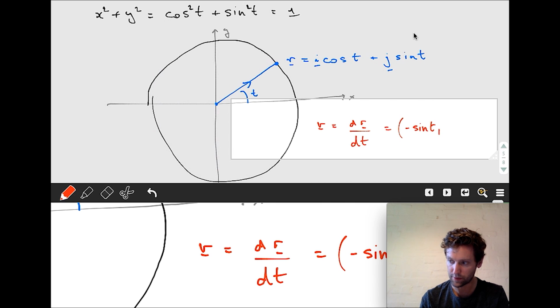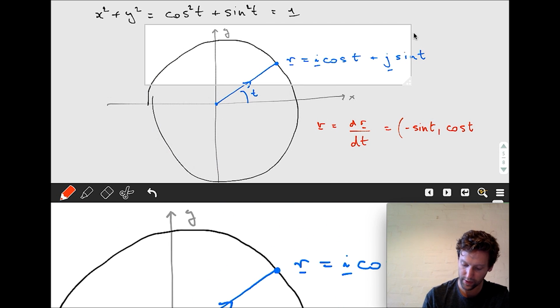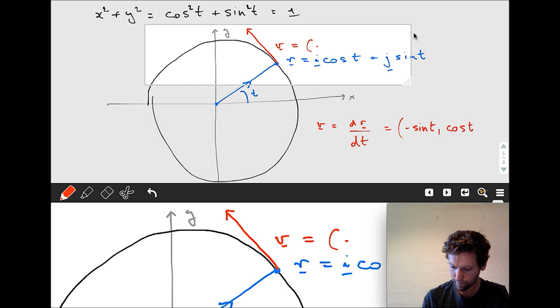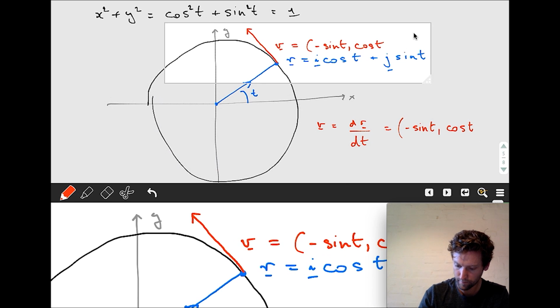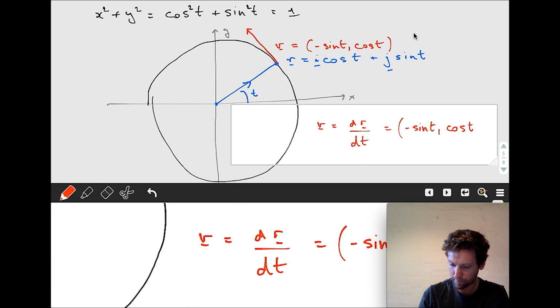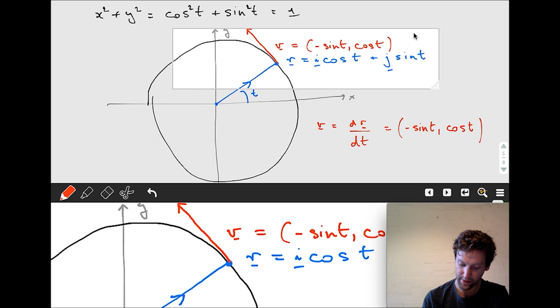Derivative of sine of t is equal to cosine of t. And so that's going to be a vector pointing along my trajectory. So it's pointing perpendicular to my radius.